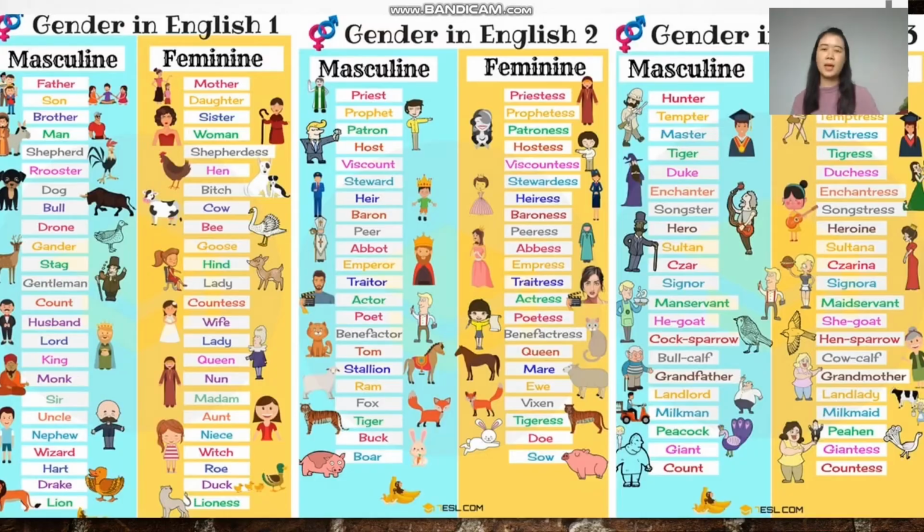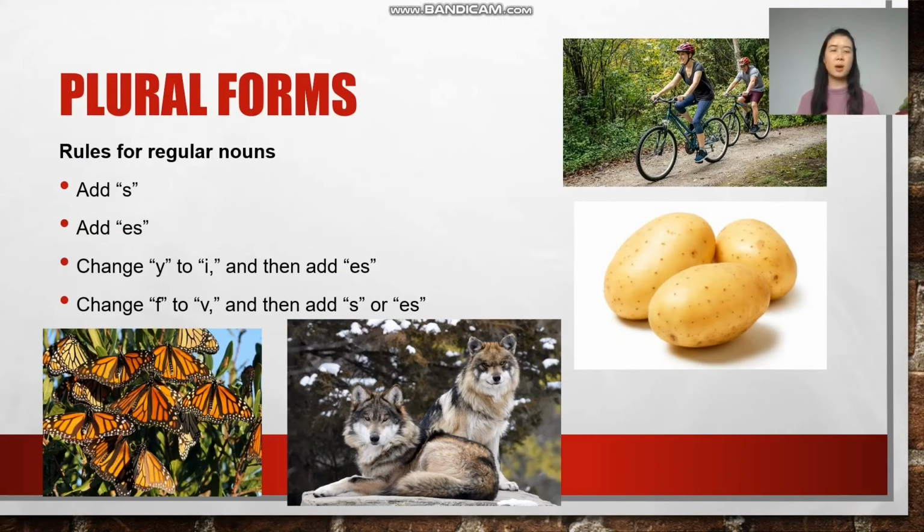Okay. Next is about the plural forms. As you know, normally the noun has a single form. But if we have more than one noun, like the word cat, that is the singular form. But if we have more than one cat, what would we do? In English, they do have rules for the plural forms.